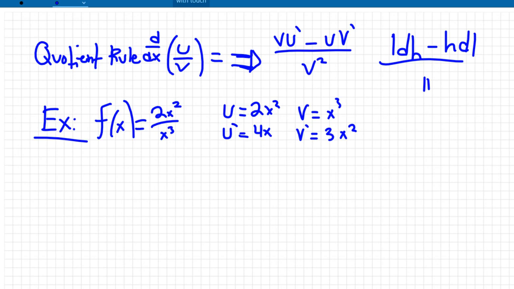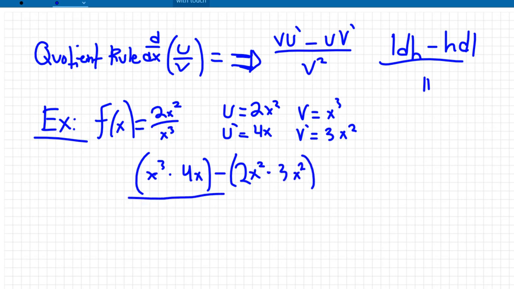So we have v, which is x cubed, times u prime, which is 4x. And then we subtract u v prime, which is 2x squared times v prime, which is 3x squared. And that's all divided by v squared, which is x to the 6th in this case.